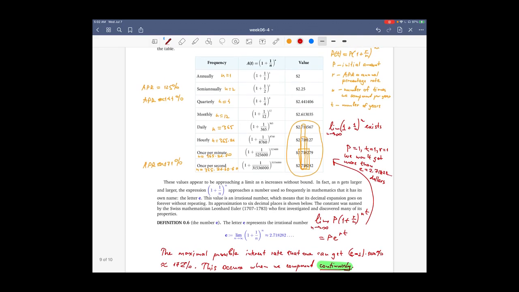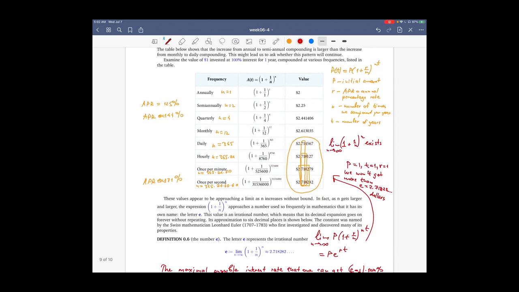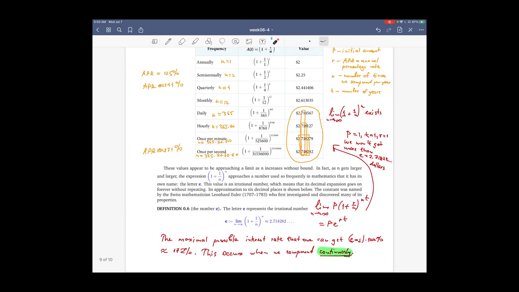That's a pretty interesting fact, because at first it seemed like increasing the frequency of compounding gave us a great boost. The more frequently we compound, the more money we earn, but unfortunately, no, there is a limit. You can't earn more than if you were compounding continuously.